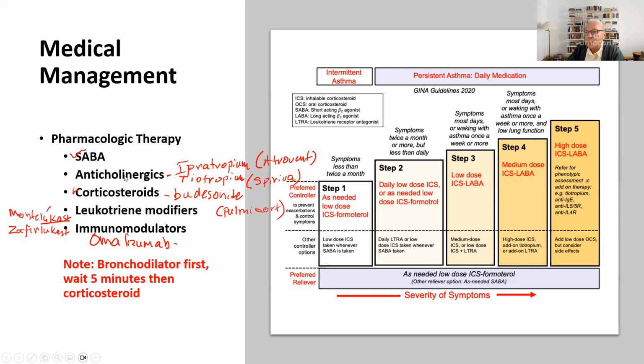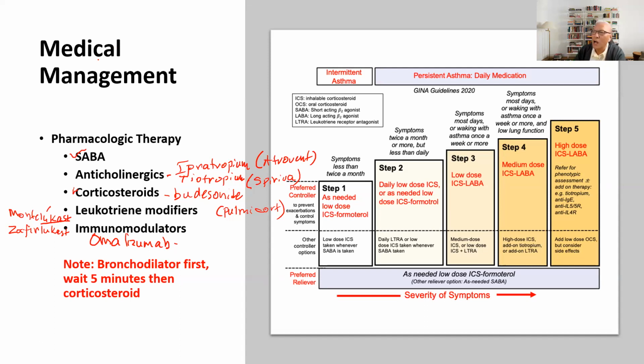So in going back to the pharmacologic therapy, what I wanted to emphasize here is that whenever you are giving medications of different kinds, you always administer the bronchodilator first. And then 5 minutes later, if you have to give the steroid, you're going to give the corticosteroid. So that's important.